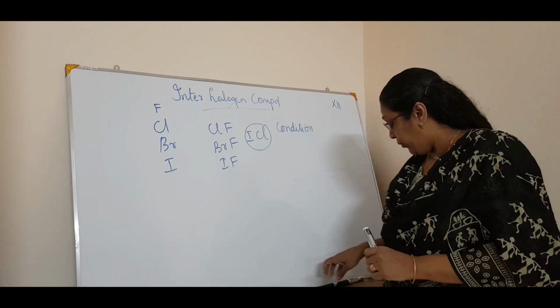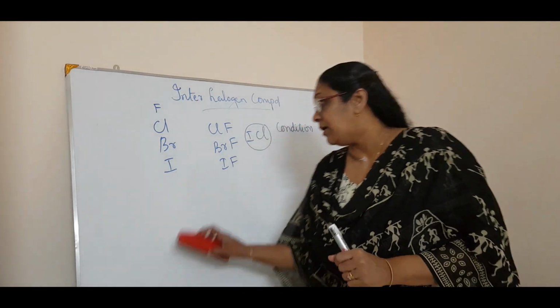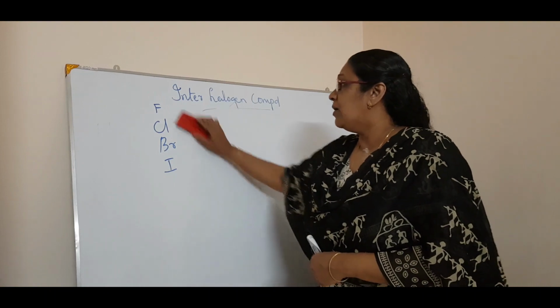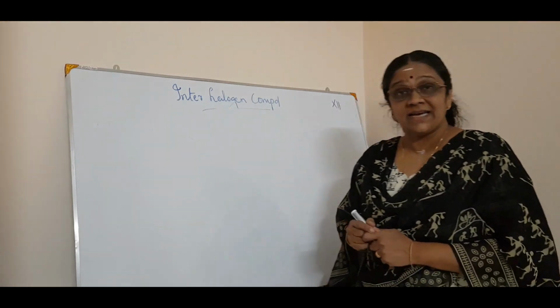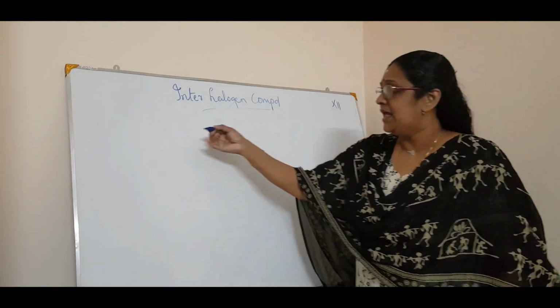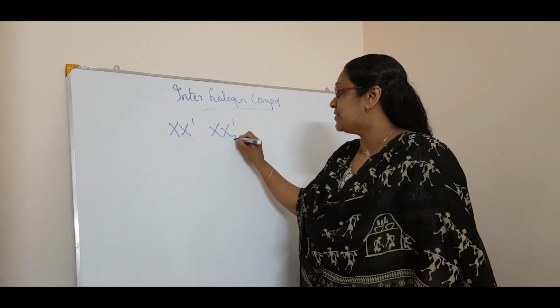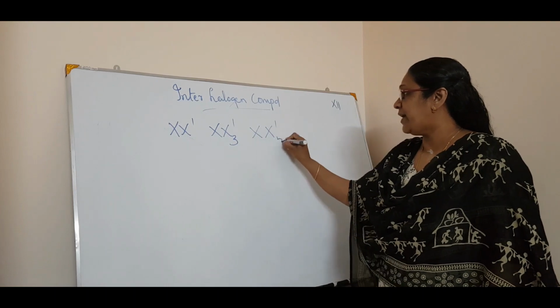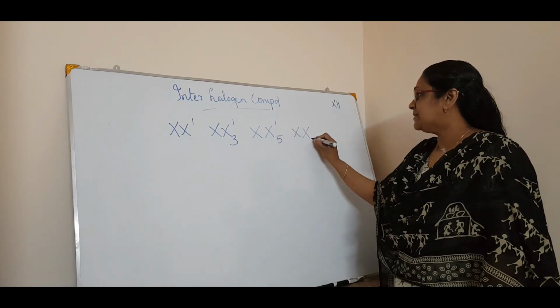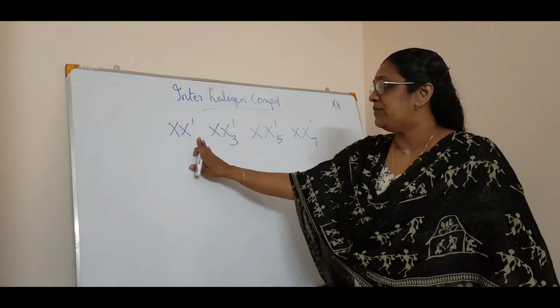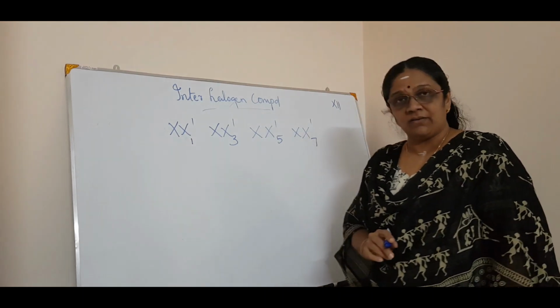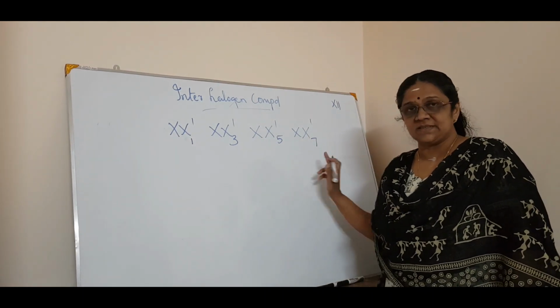Now we will see how it makes. Before that, as we already discussed, there are 4 kinds of interhalogen compounds: X dash, X dash 3, X dash 5, and X dash 7. Odd numbers. To remember very easily, it will be odd numbers, isn't it?